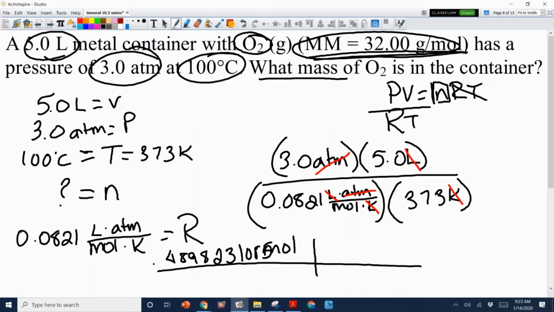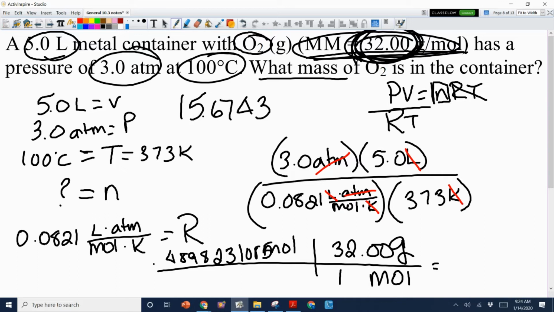Okay, I want to get rid of moles, so I'm going to put on the bottom, converting it to grams. 1 mole is, here's where this information comes in, 32 grams. All right, and so we're just going to multiply this by 32. We're going to get, I'm going to put the answer up here, 15.6743.